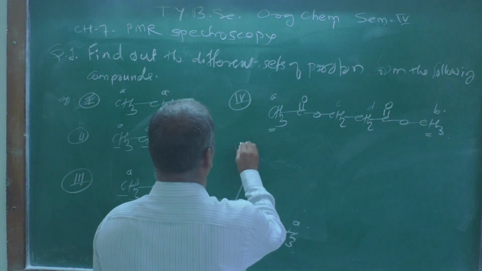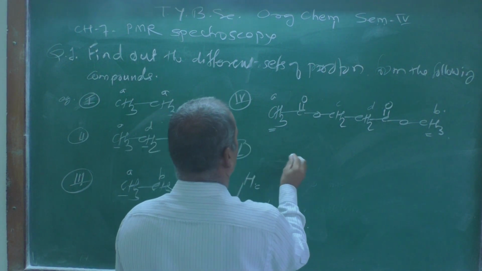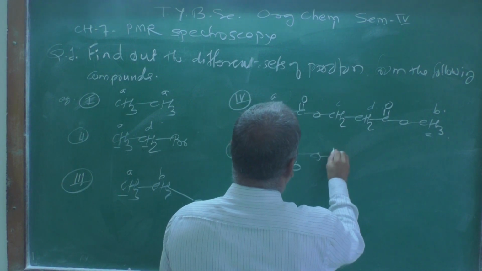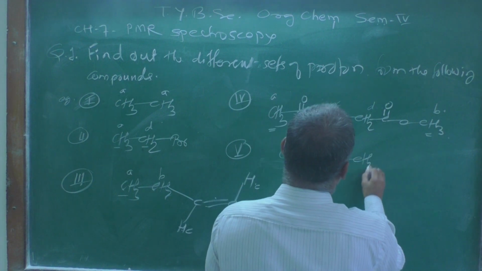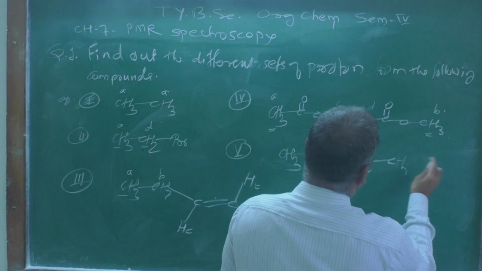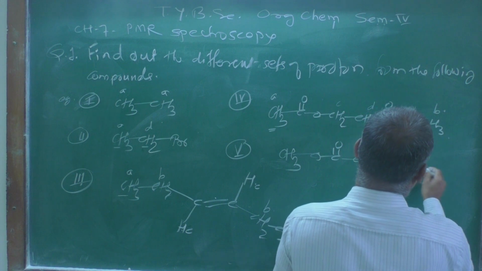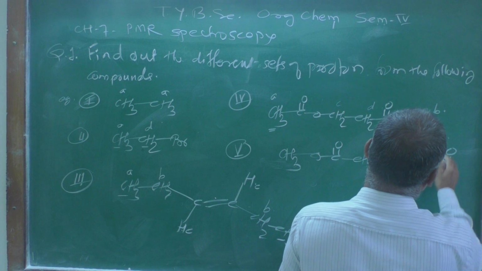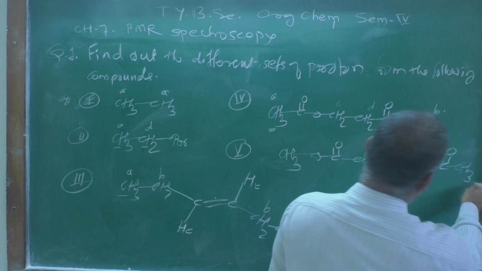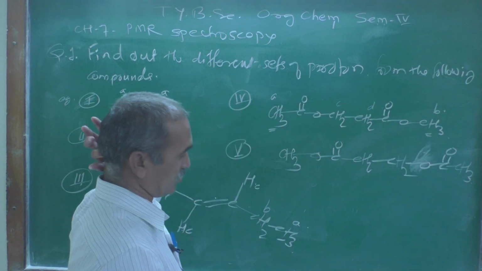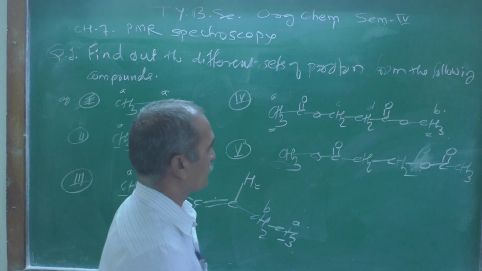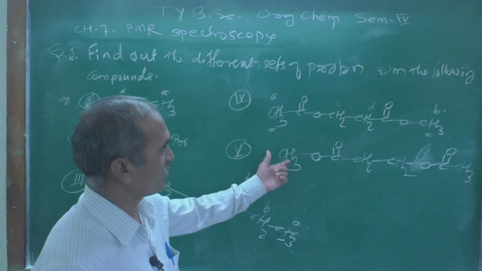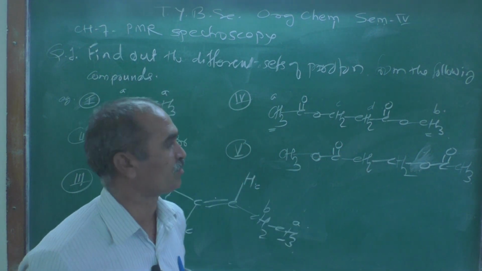Now let me draw one more example over here. Suppose we have this one, CH3, O, C double bond O, then CH2, CH2 and C double bond O and CH3. This is one of the structures. Now tell me how many sets of protons are present in this molecule.